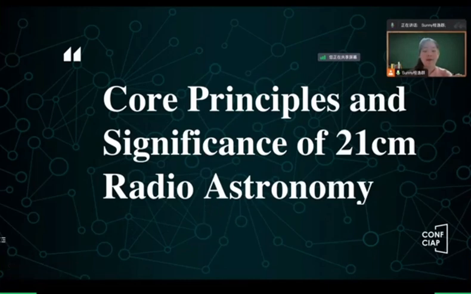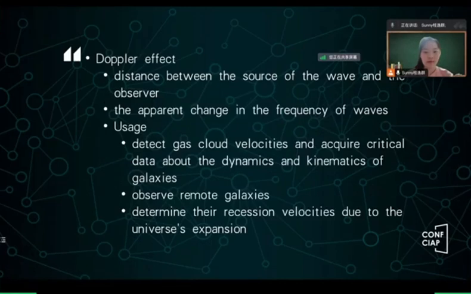And the next topic is the core principles and significance of 21 cm radio astronomy. So this is one of the core principles, which is called the Doppler effect. It's about the distance between the source of a wave and an observer.